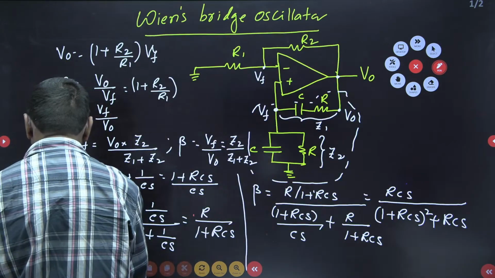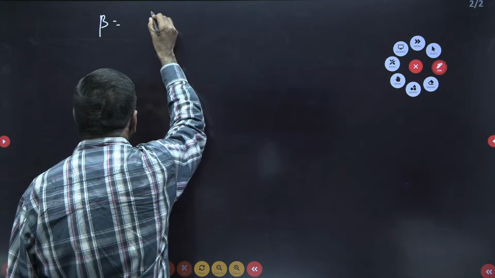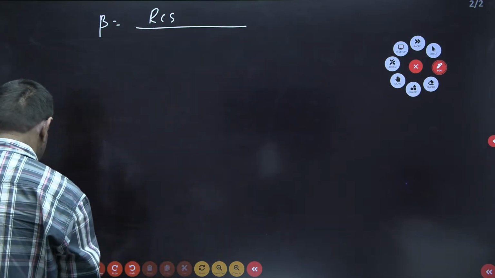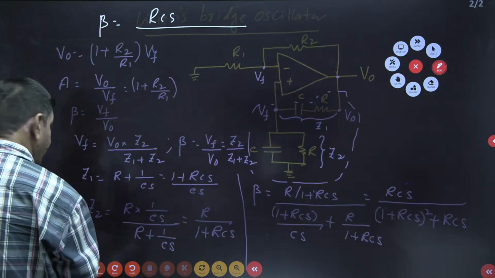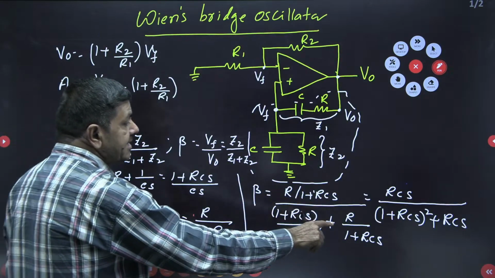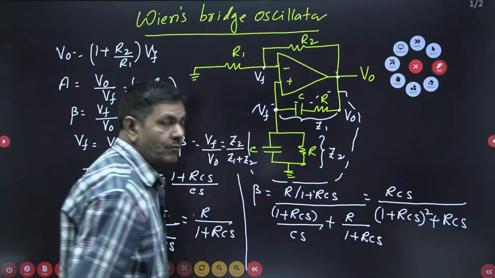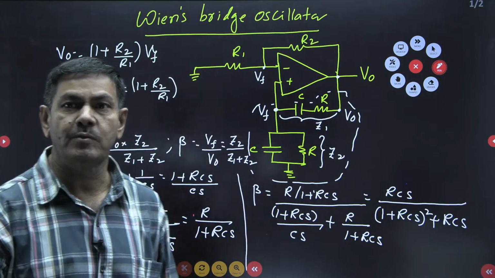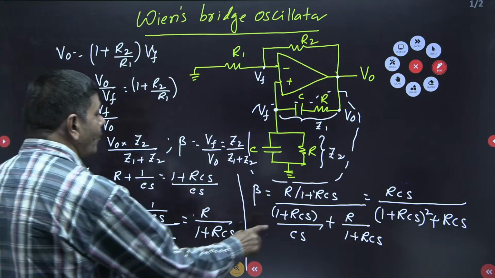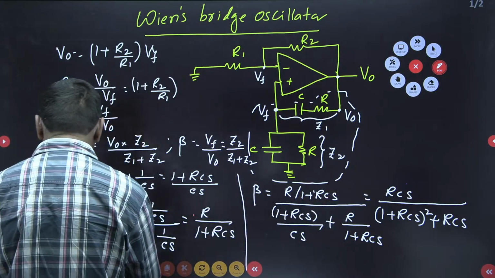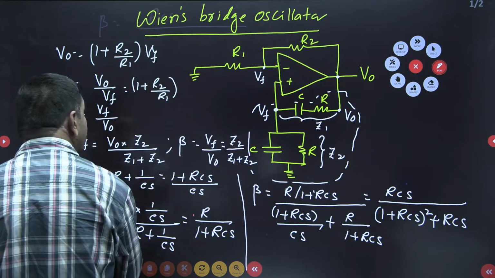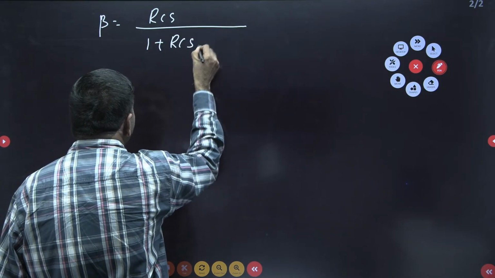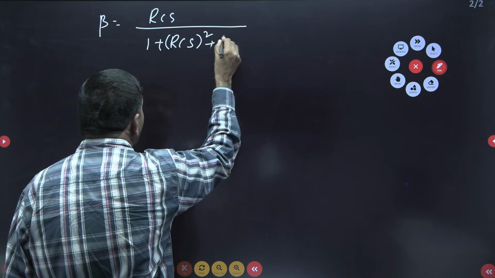RCs by, once again I am writing, RCs by 1 plus RCs whole square plus RCs. A plus B whole square, A square plus B square plus 2AB: 1 plus RCs whole square plus 2 RCs.